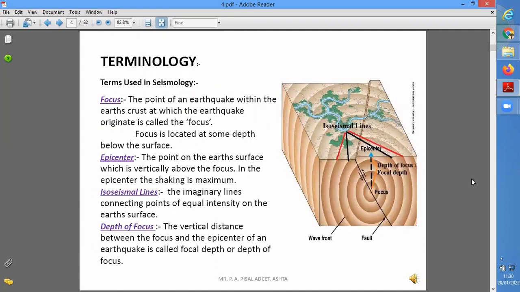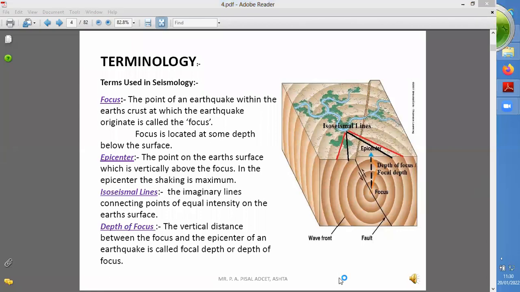Now the next point that we are going to discuss is the terms used in earthquakes. Various terms are related with earthquakes. Before starting this terminology, I have to show you one video clip in which the basic things related with the earthquake are mentioned.